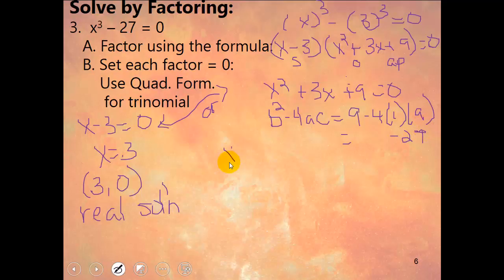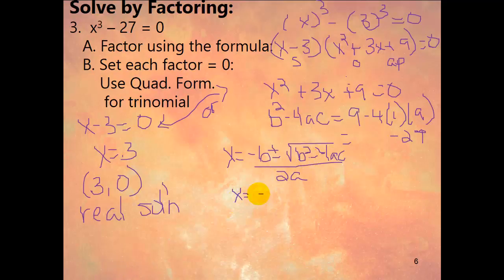So now I have x equals negative b plus or minus square root b squared minus 4ac all over 2a. And now I'm going to plug it in, and I've already figured this out. So I have x equals negative 3 plus or minus the square root of negative 27 over 2a.